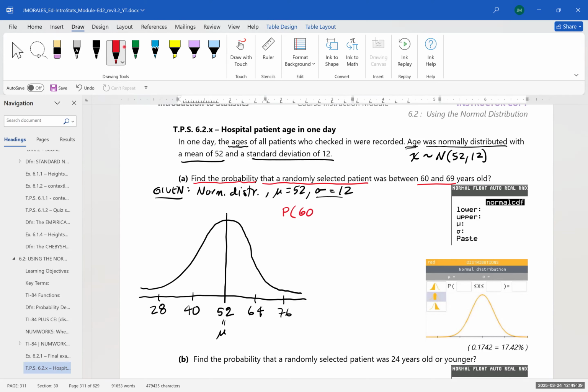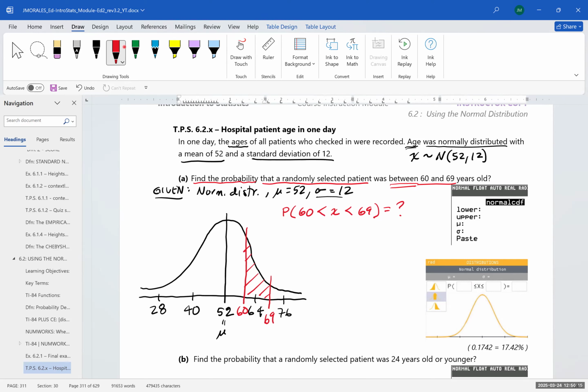So between 60 and 69, it's going to be less than 69, but greater than 60. So 60 is going to be somewhere right about here, and 69 is going to be somewhere right about there. So actually, we want the area between those two values, right? Between 60 and 69.